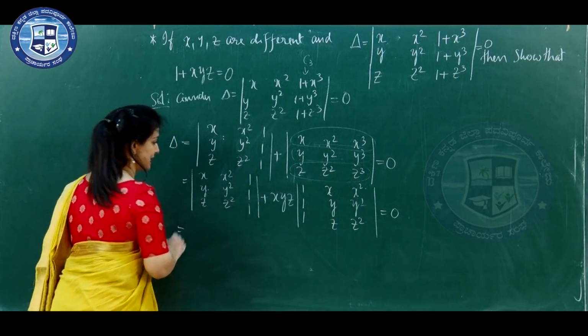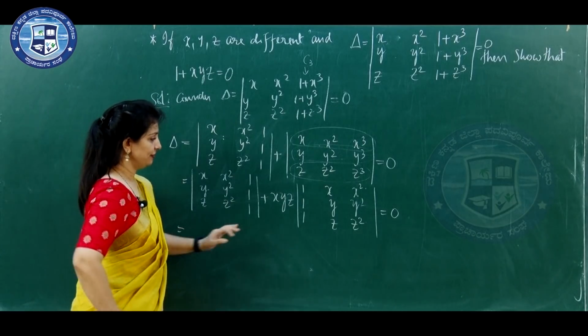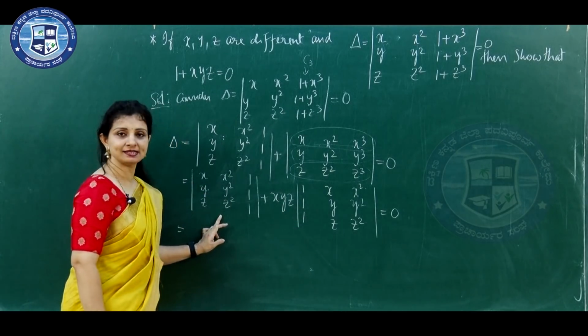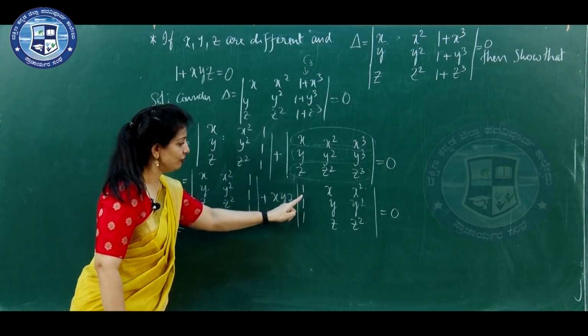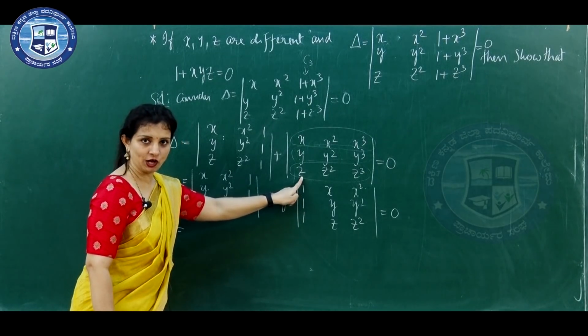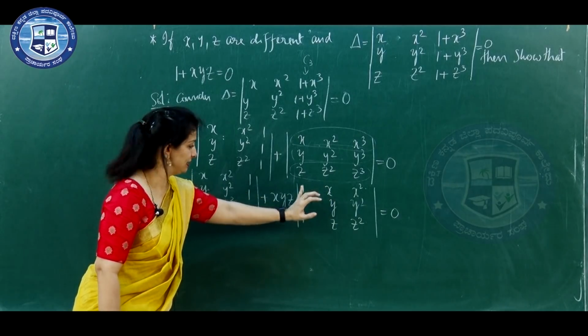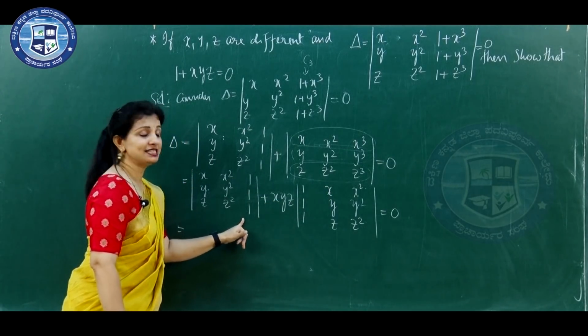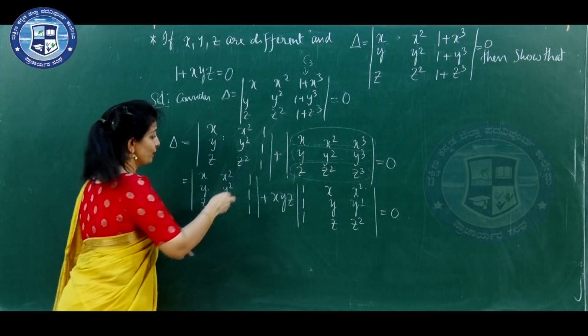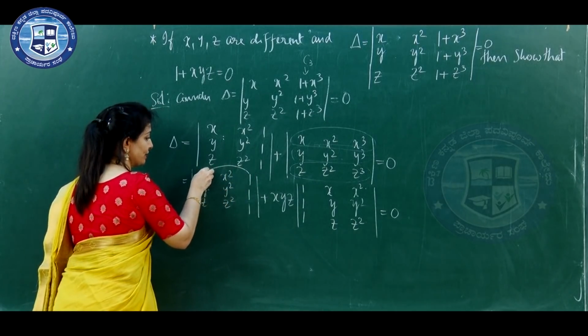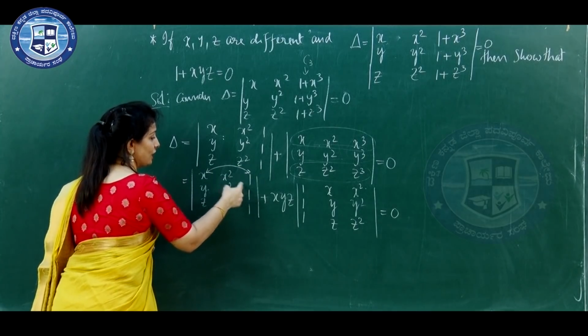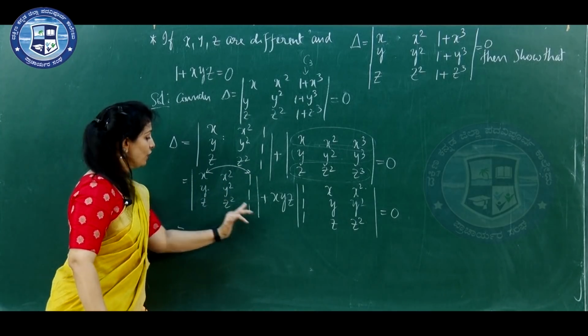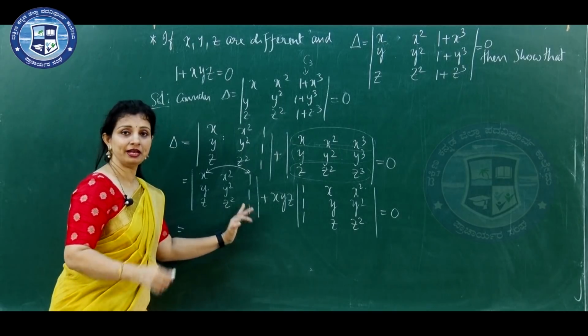Now observe the two determinants. 1, 1, 1 is in the first column in the second determinant. In the first determinant 1, 1, 1 is in the third column. So, can we interchange first column and third column elements? First column and third column elements are interchanged.